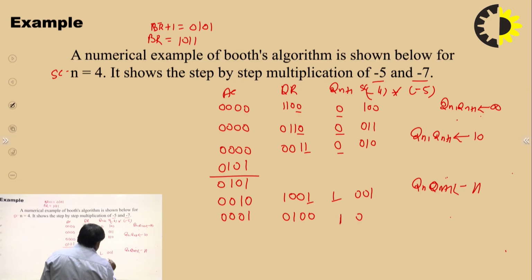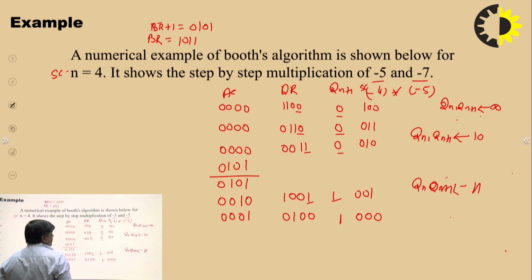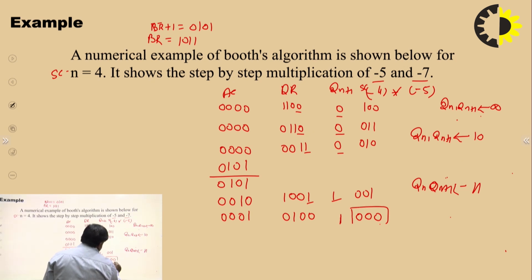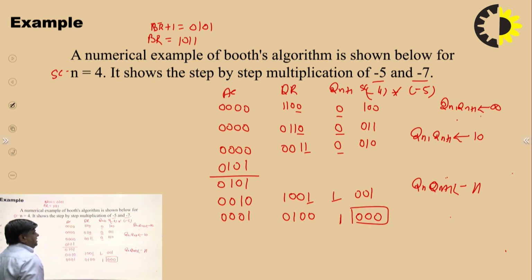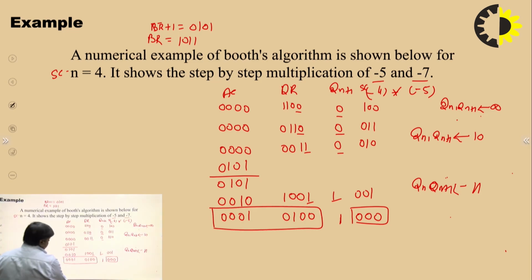Now here is 0, 0, 0. If SC is equal to 0, then end the process and the result is in our AC and QR. Now this is your final result, that is 20. You can check it. Now this is the Booth algorithm. In the next lecture I will meet you with some important topics of computer organization and architecture. Thank you.